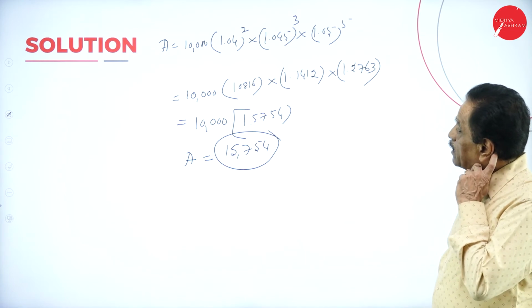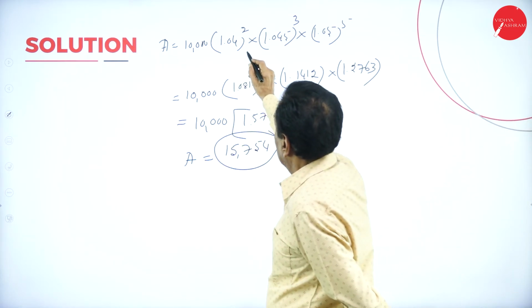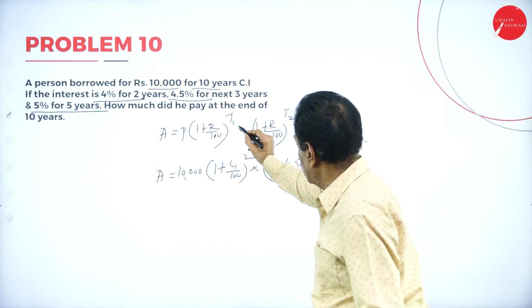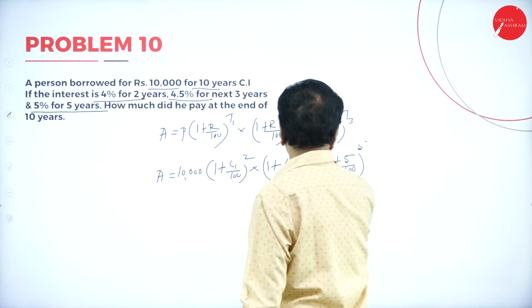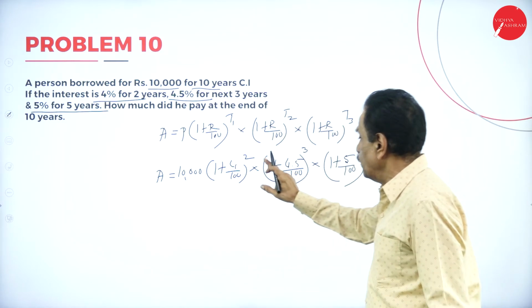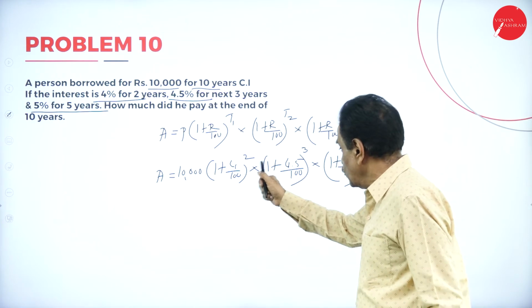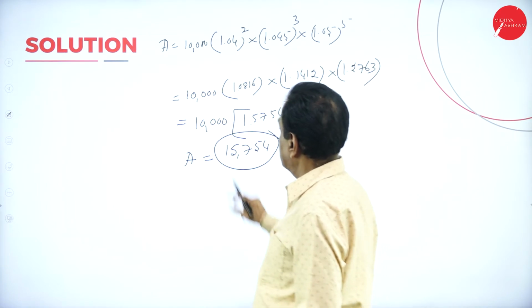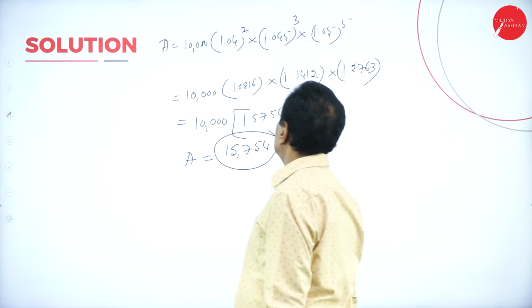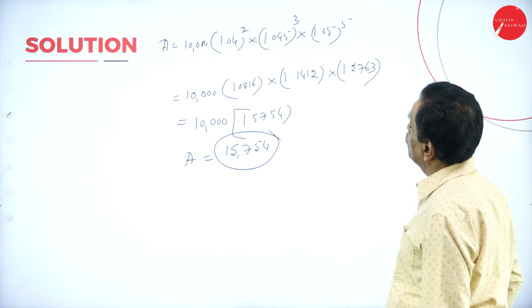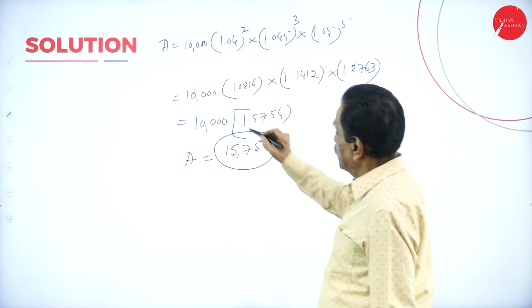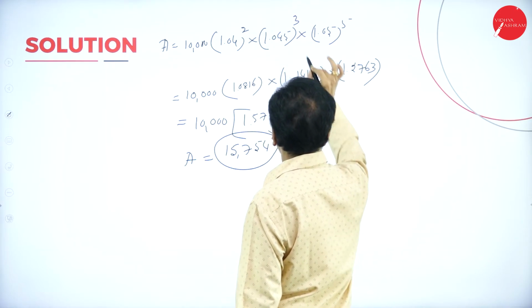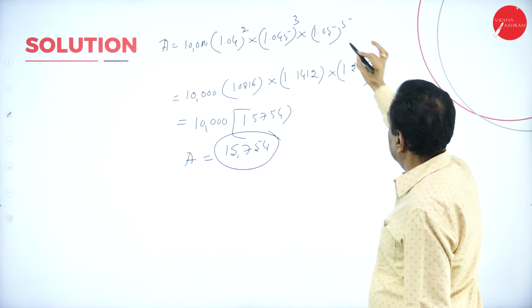A is equal to 10,000. What I did now, I made it like this: T1, T2, T3, first 2 years, 3 years, 5 years, totally 10 years. Then 10,000, 1.04 whole square, 1.045 whole cube, 1.05 to the power 5. So 1.0816 for this, 1.1412 for this, 1.2763 for the 5 years.